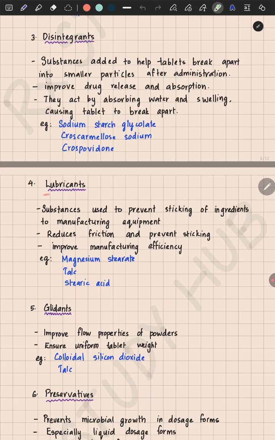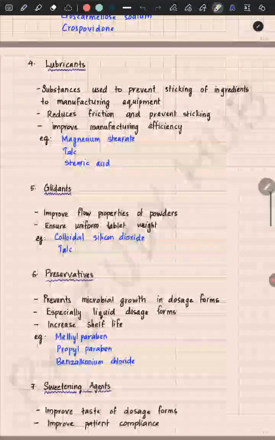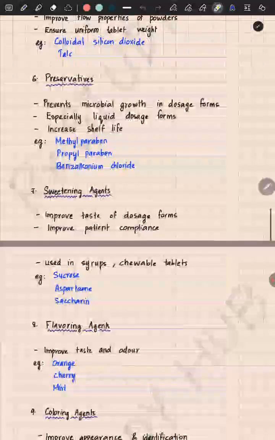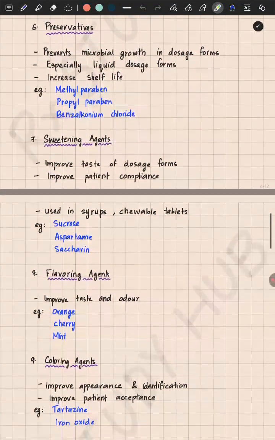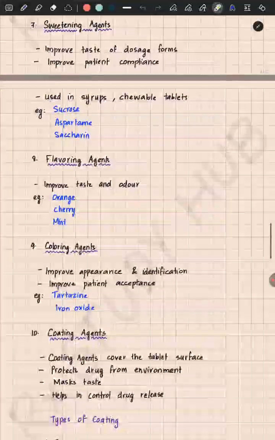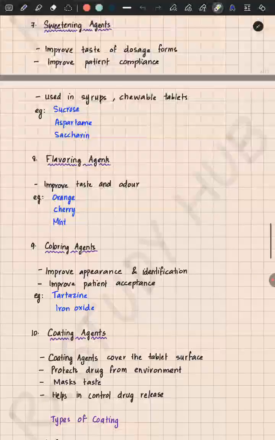Lubricants reduce friction during the manufacturing process and prevent the material from sticking to the equipment. Preservatives are especially important in liquid dosage forms to prevent microbial growth. Flavoring and coloring agents are added to improve the acceptability of the medicine, especially in children. So, even though excipients are called inactive, they are essential for the success of the dosage form.